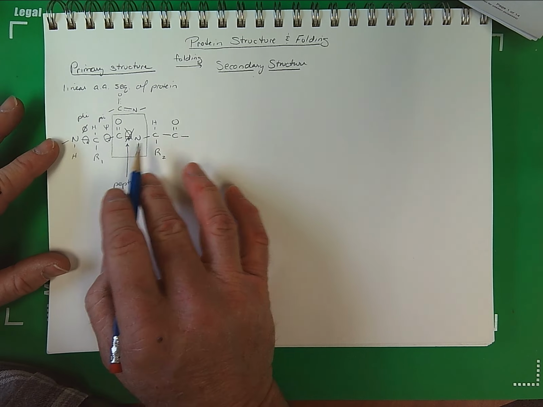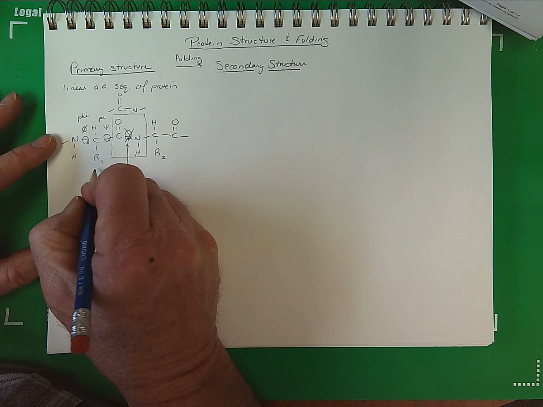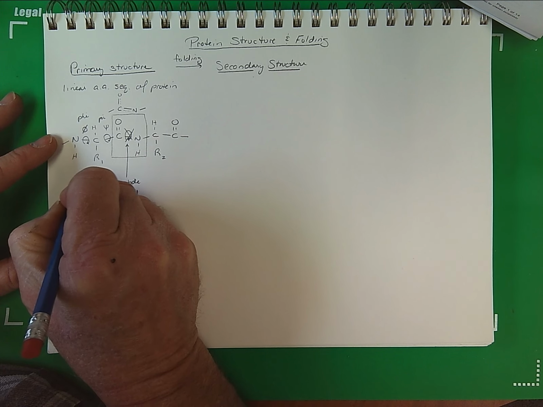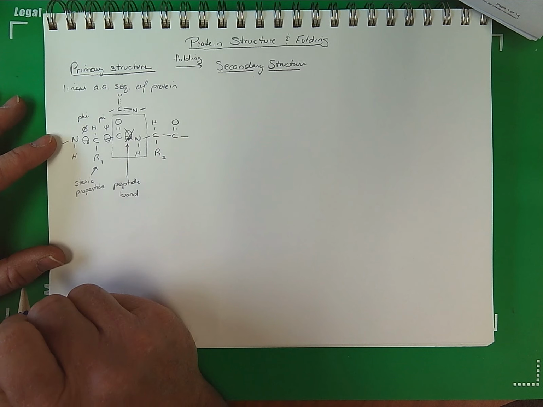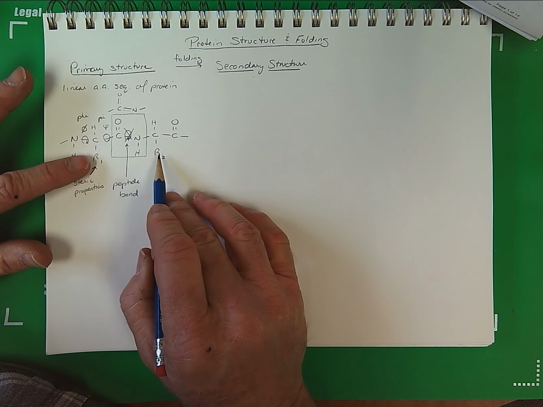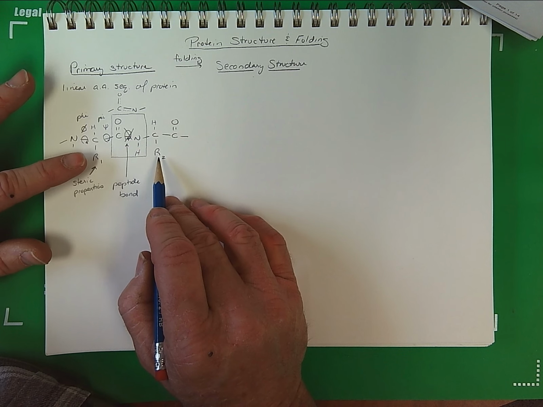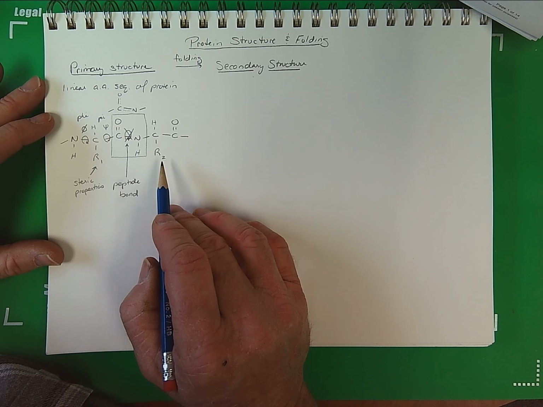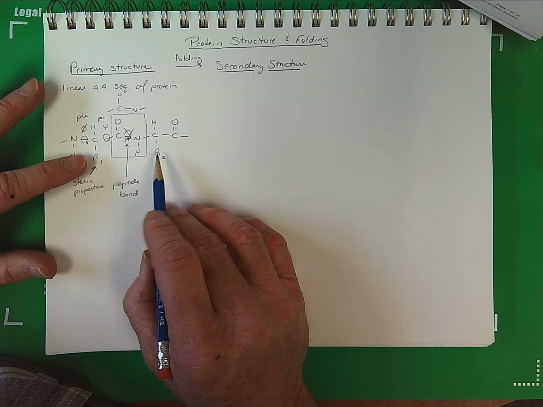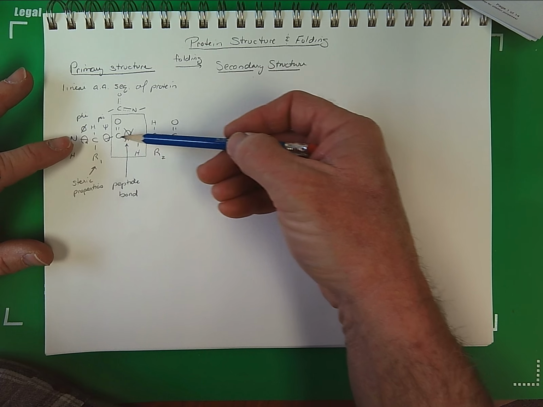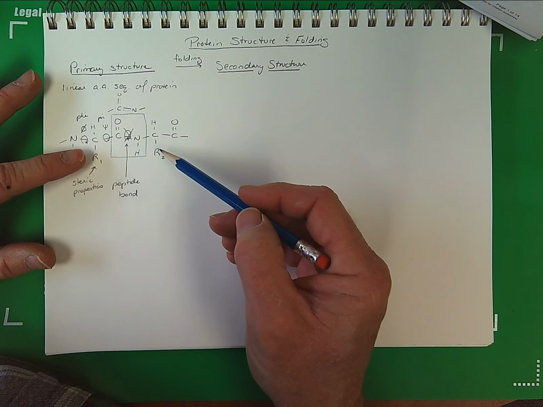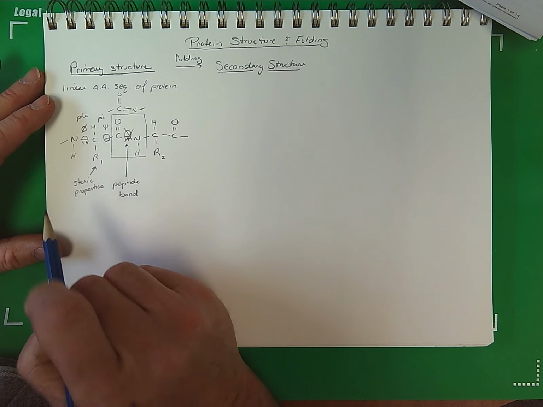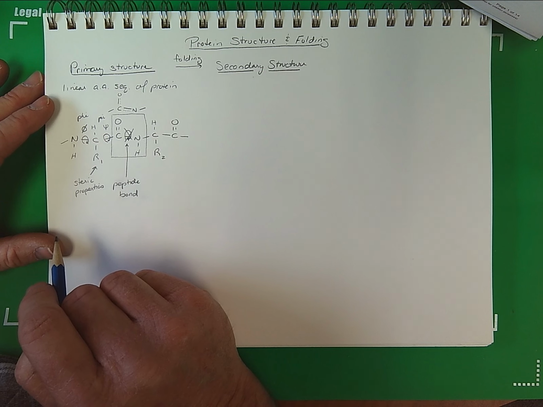And the angles at which these can turn will largely be dictated by steric properties of the R chain. So if you have two bulky groups here in these R chains, they are going to want to be as far apart as they can. And so moving these away from each other means rotation of these bonds, primarily the phi and psi, into a configuration and angle at which these R chains are moved away from each other to prevent any unfavorable interactions.